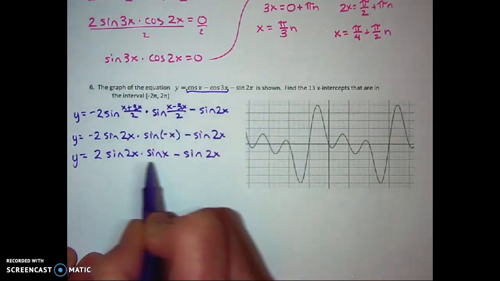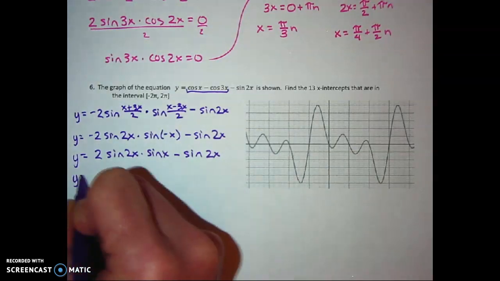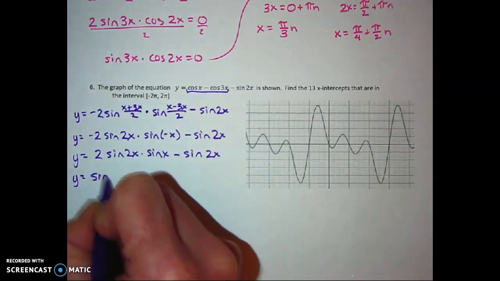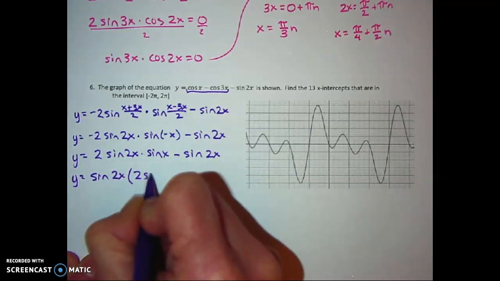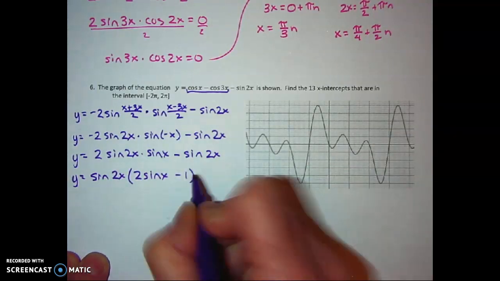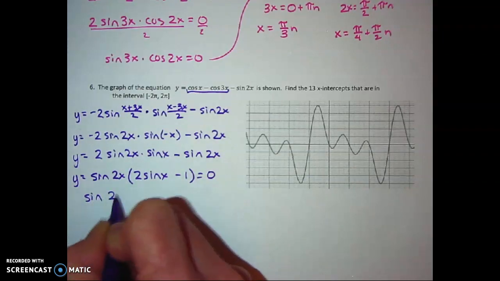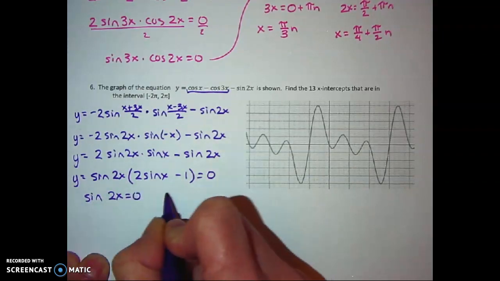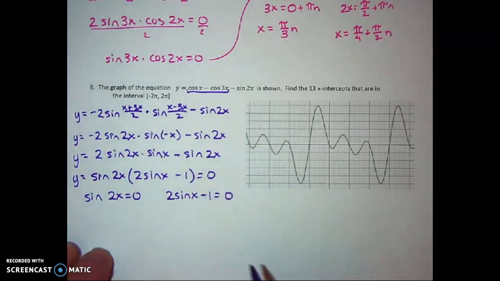And now I have two things being added together, but they have a common factor. So I'm going to factor out that sine of 2x, and I'm going to be left with 2 sine of x minus 1. Setting this equal to 0 to find my zeros, I see that the sine of 2x is going to equal 0, and that 2 times the sine of x minus 1 equals 0.